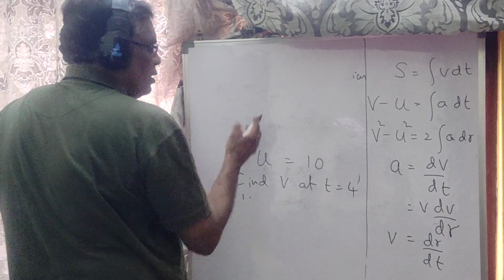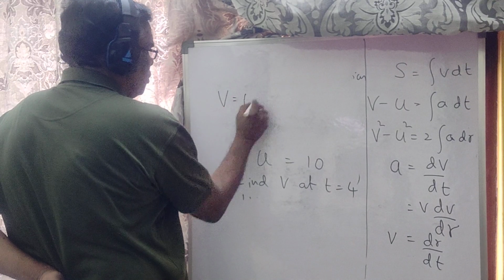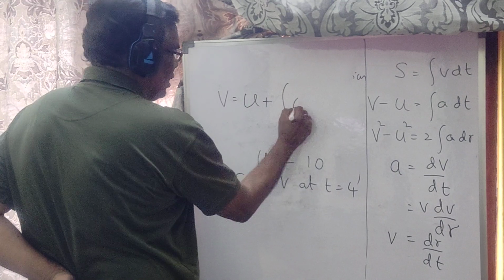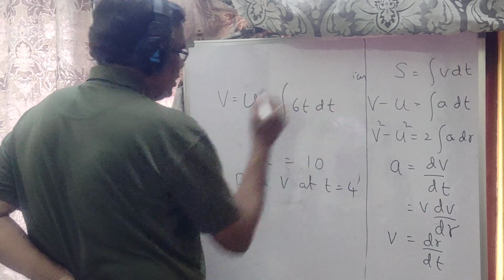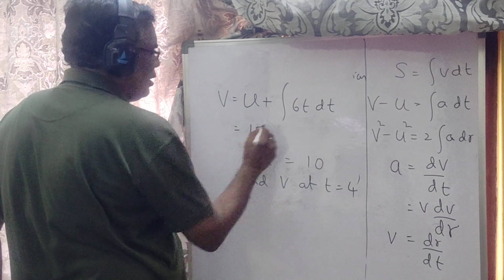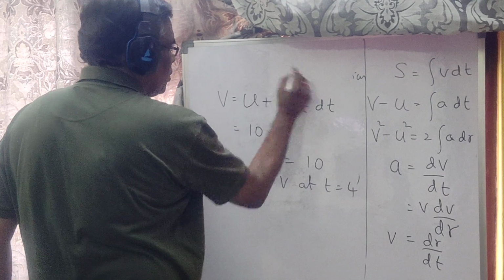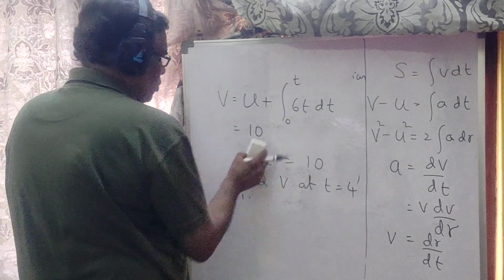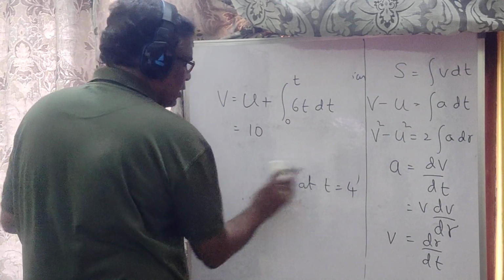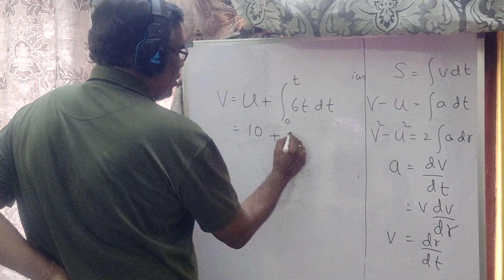Now look at that. v is equal to u plus integral 6t dt. And now u is given 10 and we will take it as 0 to t, and if u is substituted as 10, then 10 plus 6t square by 2.